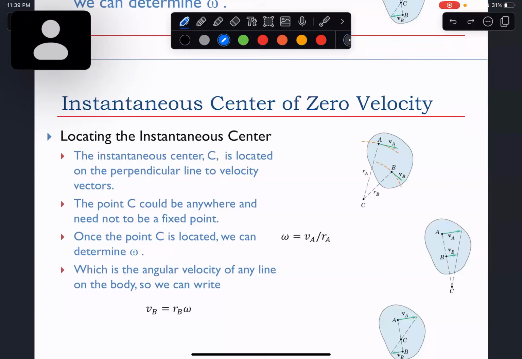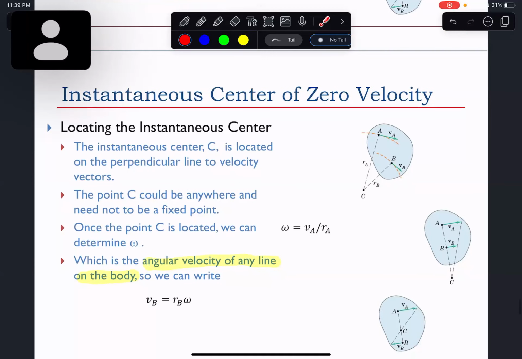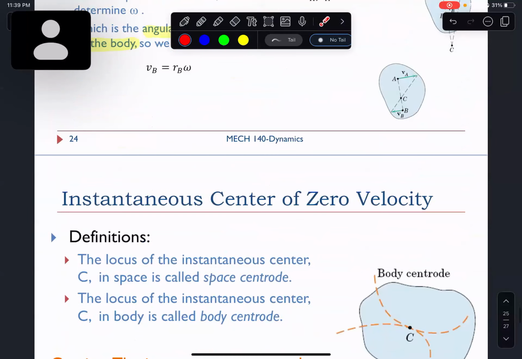And that's the angular velocity of any line on the body. So I can also write VB as RB times omega. That's how the instantaneous center of zero velocity will help you find the velocity of any point.